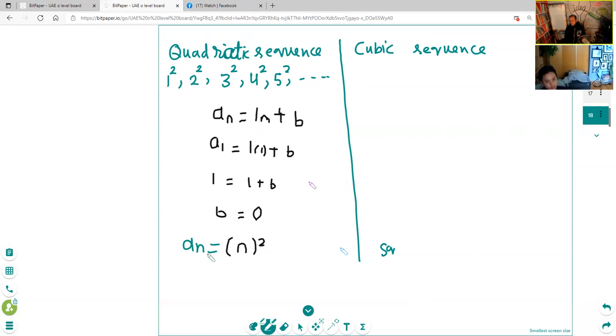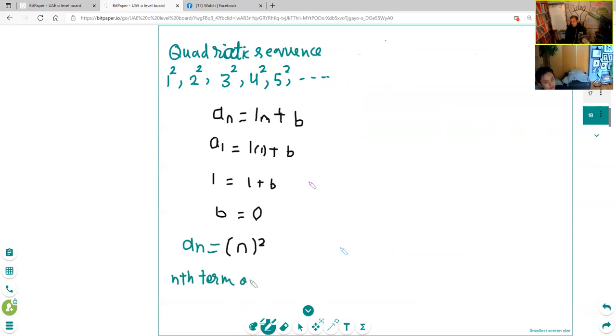The nth term of square numbers is n square. The nth term of the sequence of squares is equal to n square. Clear?